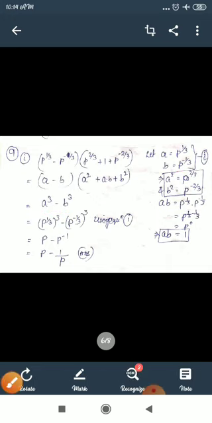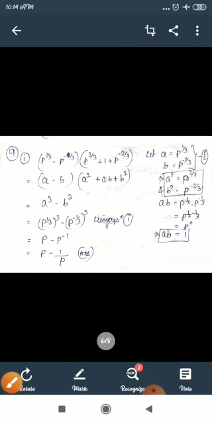Now just see, 1 by 3 into 3, so this 3 and 3 will be cancelled out. Here also 3 and 3 will be cancelled out. Here 1 is left, here minus 1 is left. So it is P minus P inverse, which means 1 by P. So the answer is P minus 1 by P.